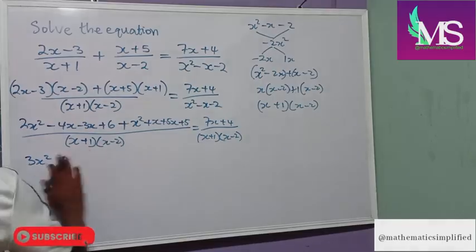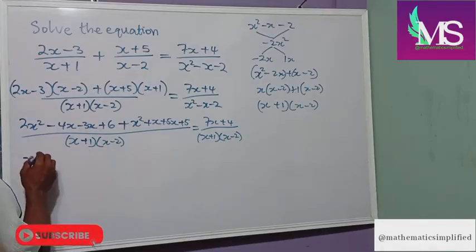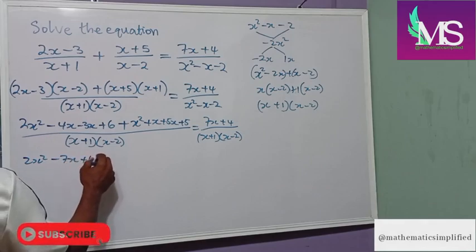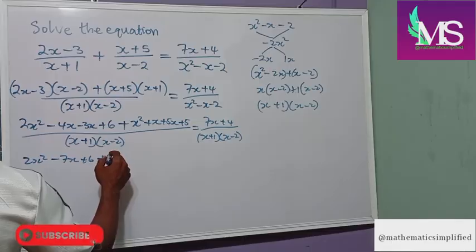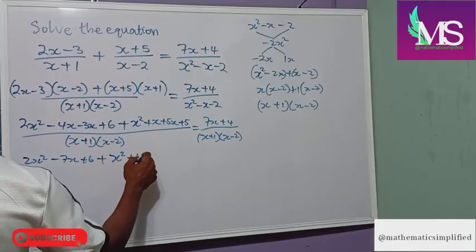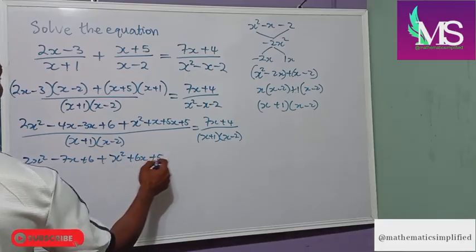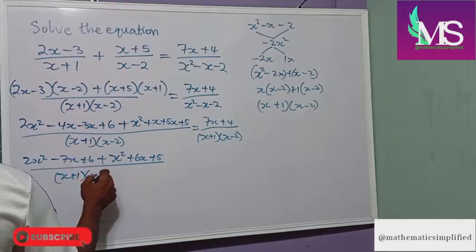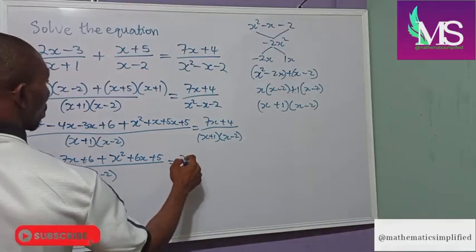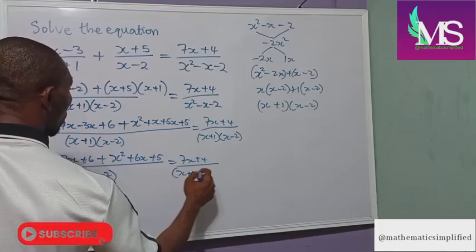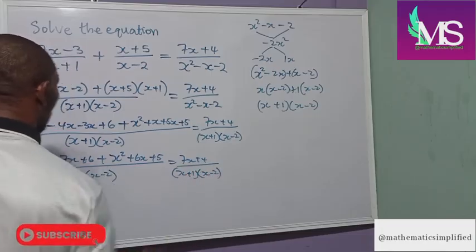Before we do that, let's do 2x squared minus 7x plus 6 plus x squared plus 6x plus 5 all over (x plus 1)(x minus 2) equals (7x plus 4) all over (x plus 1)(x minus 2).